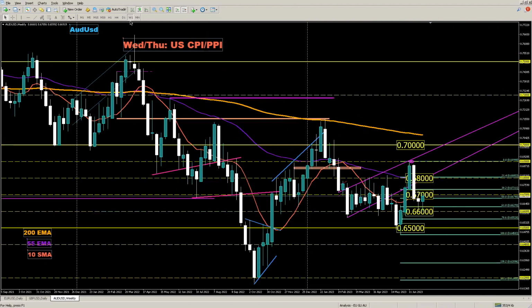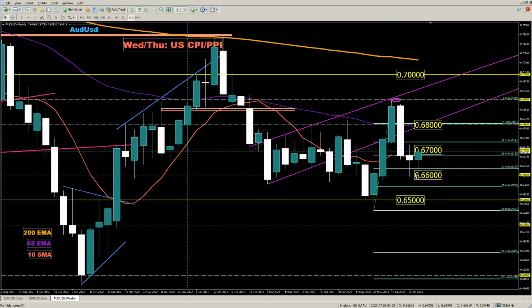Let's check the weekly time frame, and that's strong support from the 66 level with a double bottom, similar to the euro, and trying to break out higher above 67.